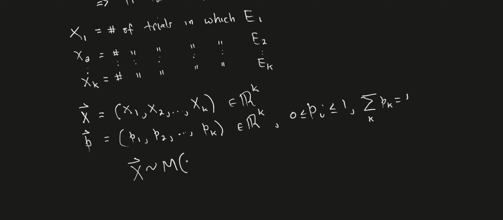It's still n, so we can use that n there, but for the p, it would have to be the vector p, like this. Now we can still refer to these as parameters of our multinomial distribution, now in this vector form. So it looks very similar to the notation that we use for the binomial, but the big difference is that in the binomial case, it was one variable. Now there are multiple variables, all right?